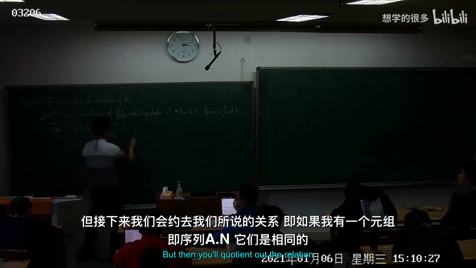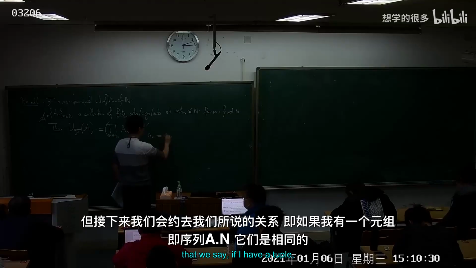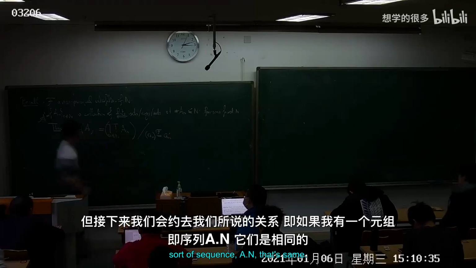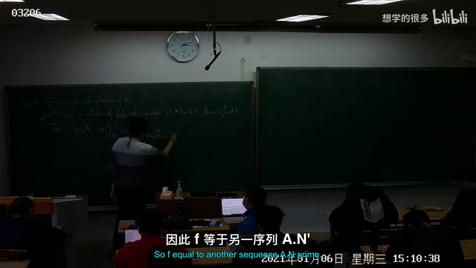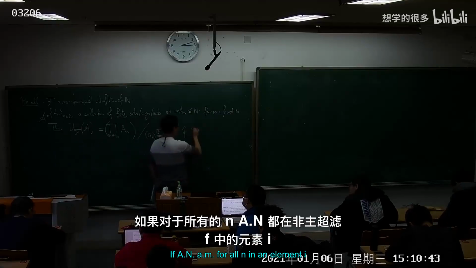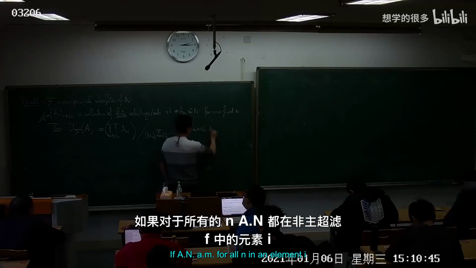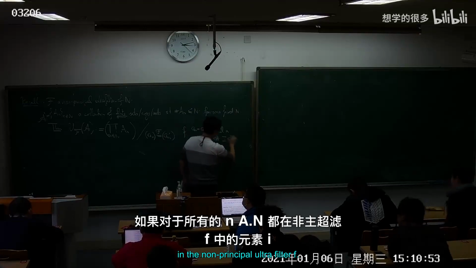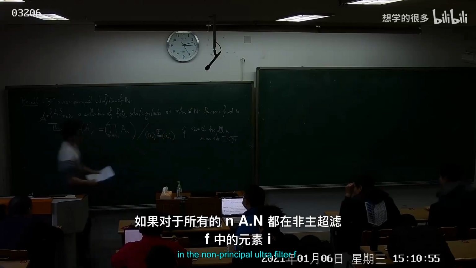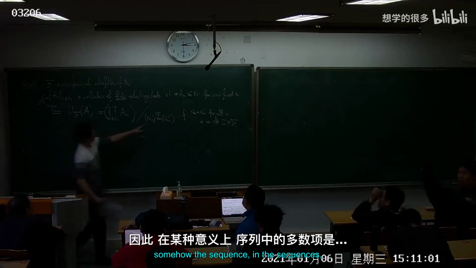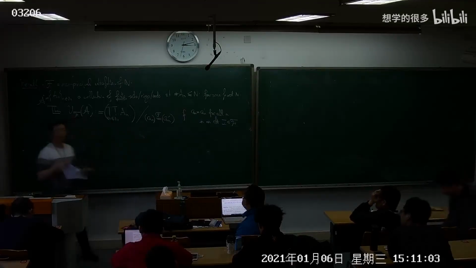But then you quotient by the relation that we say, if I have a sequence a_n, that's the same as another sequence a_n prime if a_n equals a_n prime for all n in an element I in the non-principal ultrafilter F. So in some sense, the majority of terms in the sequences are equal.